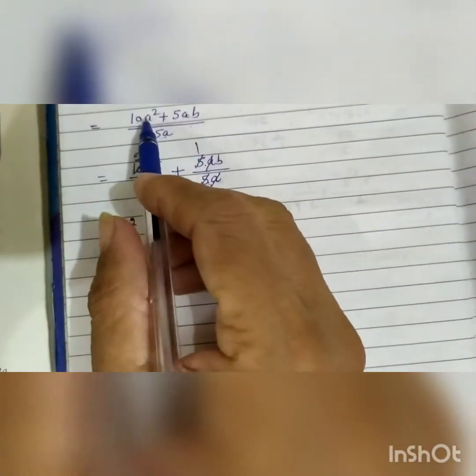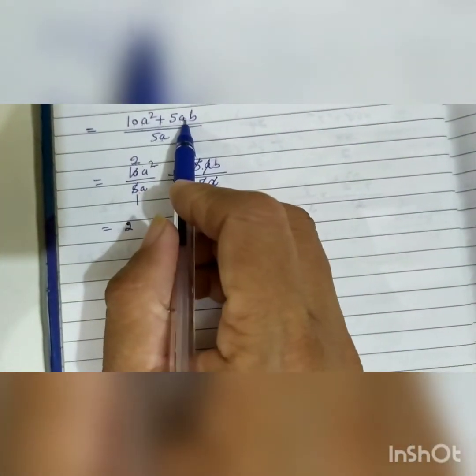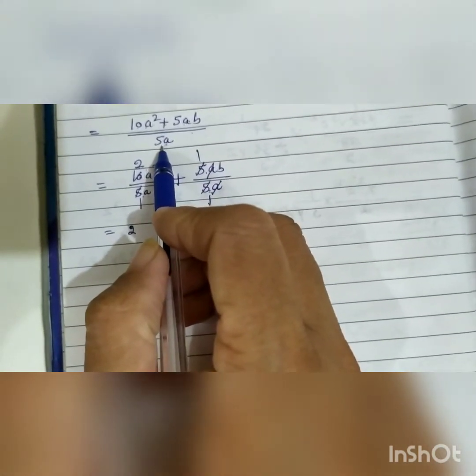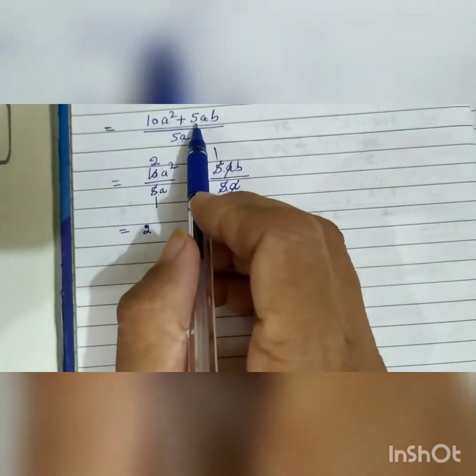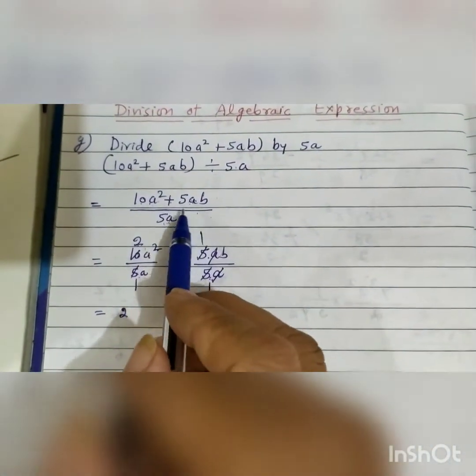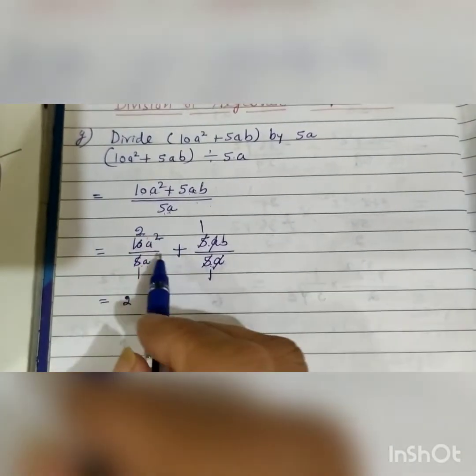Here in the numerator there is a binomial expression, while the denominator is a monomial. We will divide these two terms of the given algebraic expression by this monomial individually.